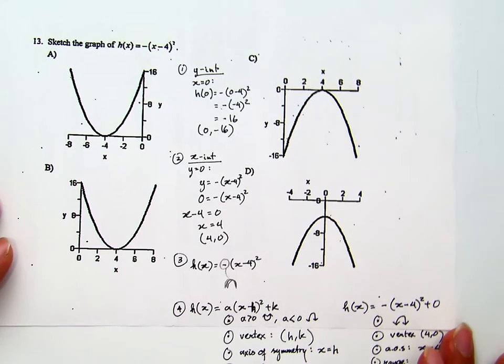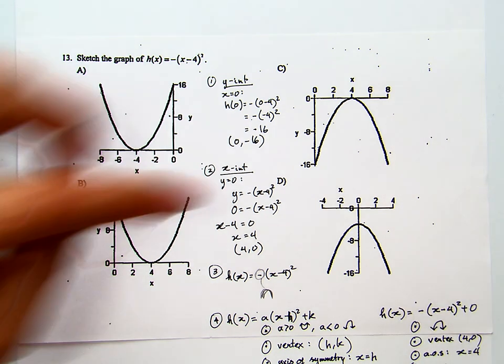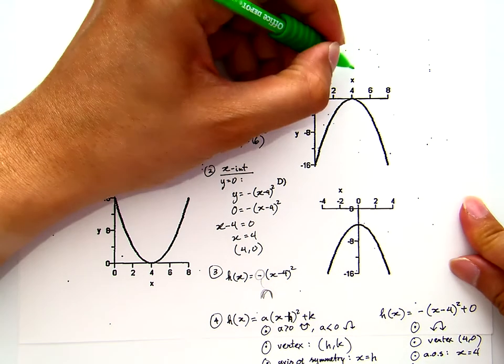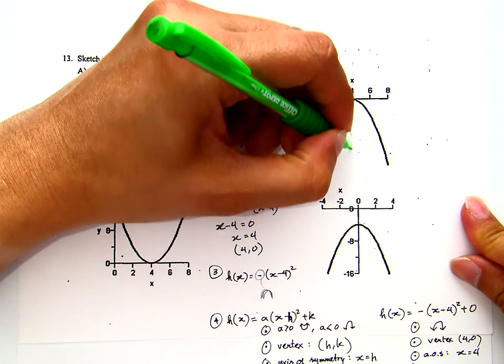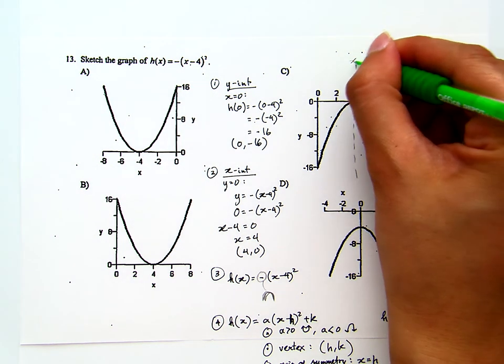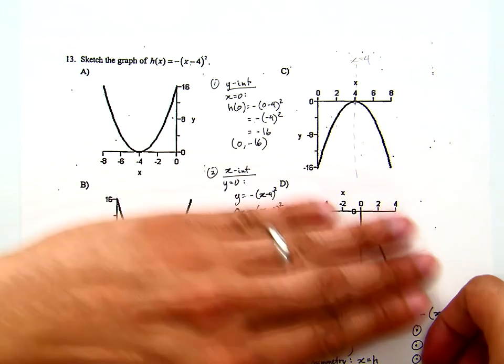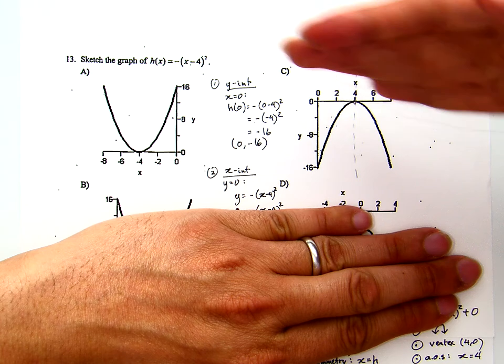As you can see here, this will be the graph. But try to analyze this graph. The axis of symmetry is x equals 4. The vertex happens to be the same as the x-intercept, which is (4, 0). This is the axis of symmetry. And then the range is from negative infinity all the way up to 0.